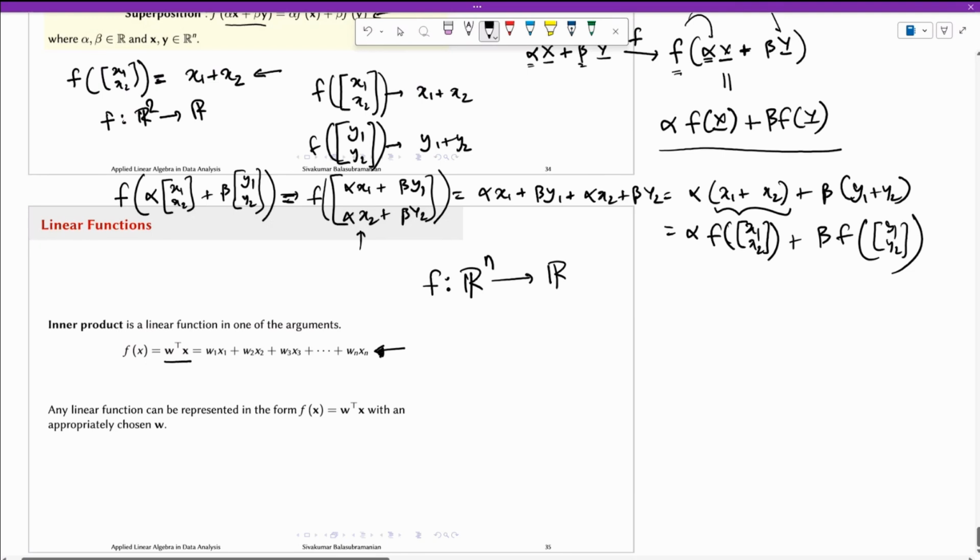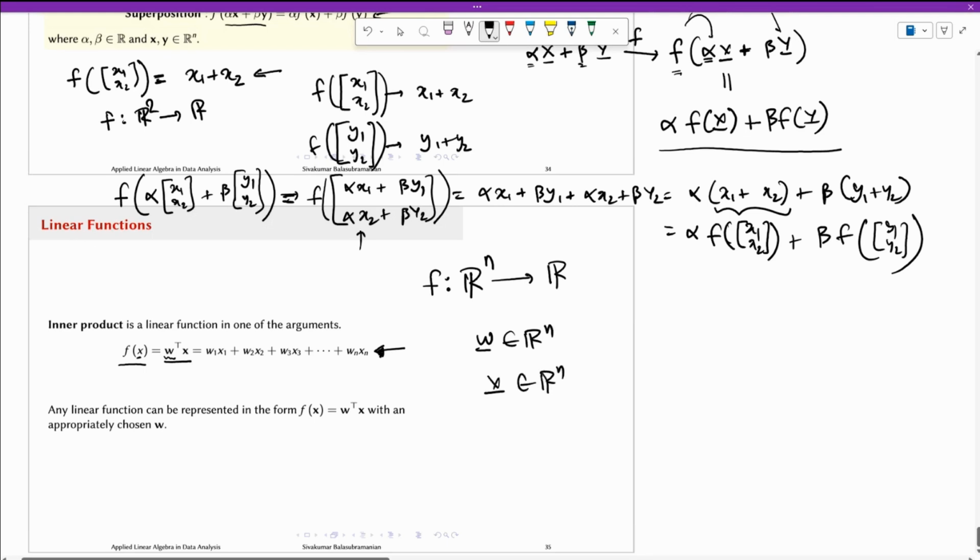Any linear function f of x can be represented as the inner product of your vector x with some constant vector w. And this vector w is again from Rn, because x is from Rn.